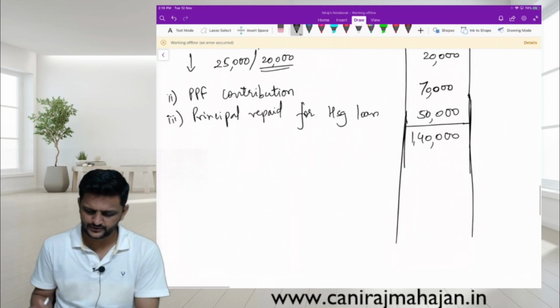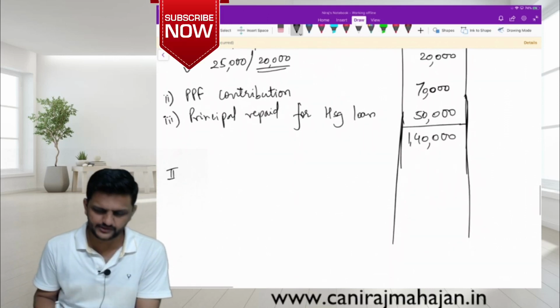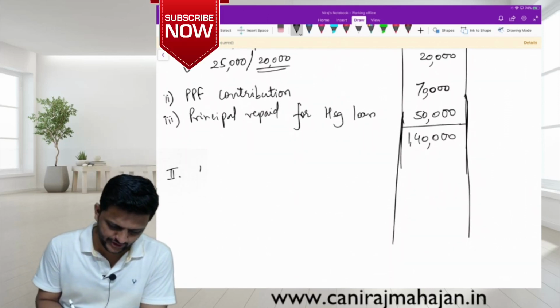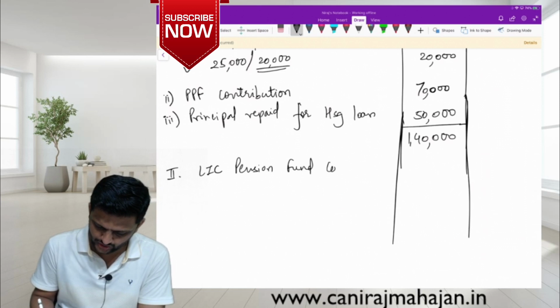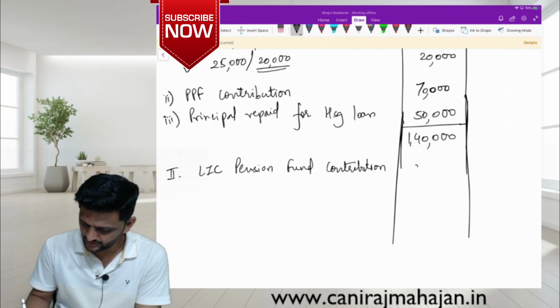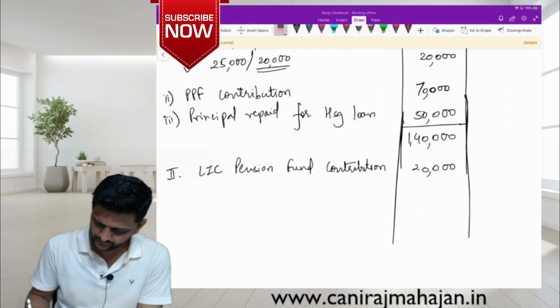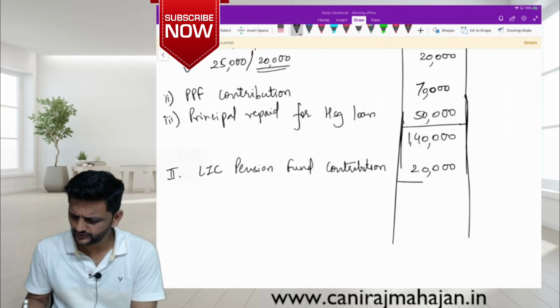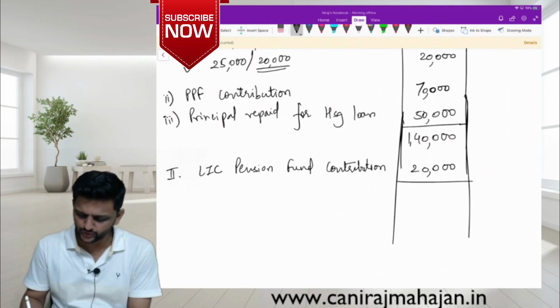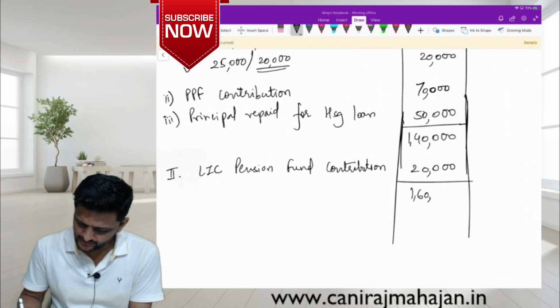No problem. Second is LIC pension fund contribution. How much? 20,000. Correct? So this total is right now how much? 1,60,000.